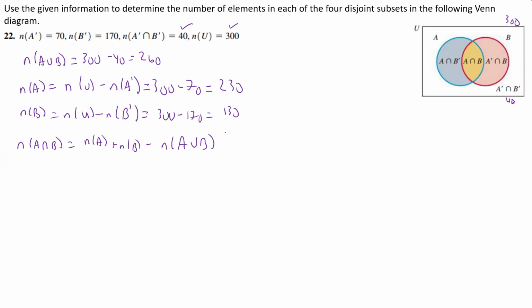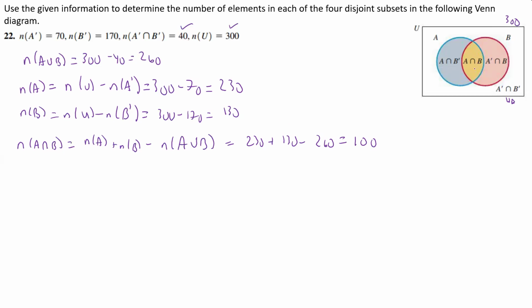So how many are in A? Well, A we said was 230, plus the number in B was 130. And then we can subtract off the number in the whole union, which we found up here, which was 260. All right, so that's going to be what? 360 minus 260, which is going to be 100. So that is then 100.